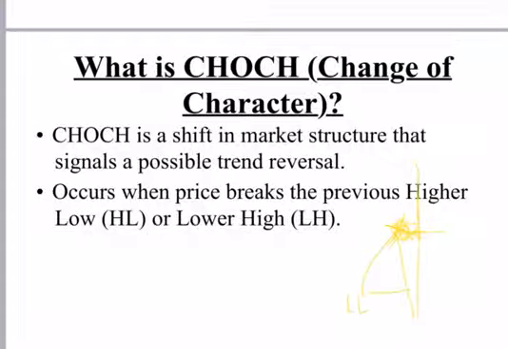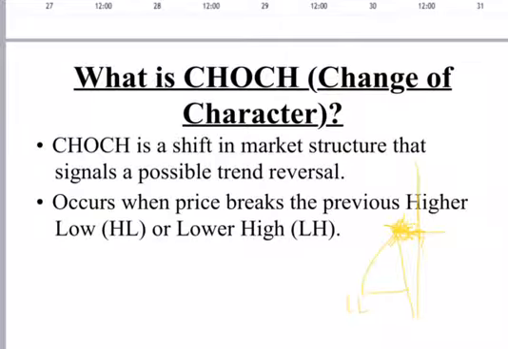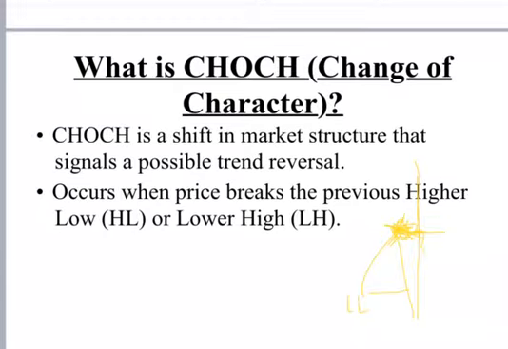You see how simple this thing is? It's not hard. Now, I was correcting someone's assignment about change of character. How do you know a valid one? When the market breaks your recent high with a wick, that's not a change of character. It's the same way I explained the market breaking structure with a body, not a wick. When the market is about to break your structure, it must break it with a body.